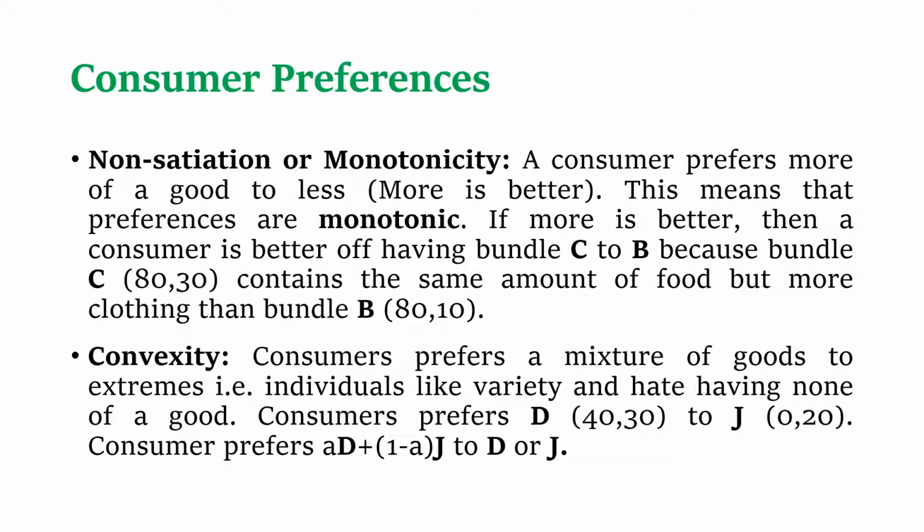If the consumer decides to take the average of those two bundles, say aD plus (1 minus a)J, where a is less than 1, so it could be 0.2 and then 1 minus a is 0.8, he is better off having that average than having either J or D. He prefers the combination, the average of D and J, instead of just D or J. That is what the convexity assumption is trying to bring out.